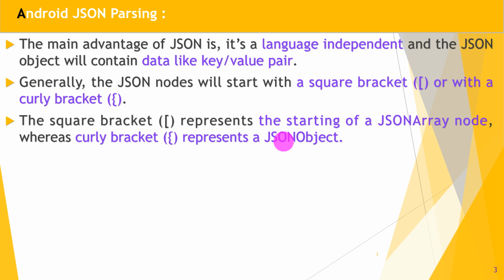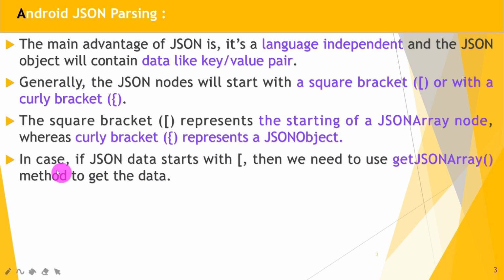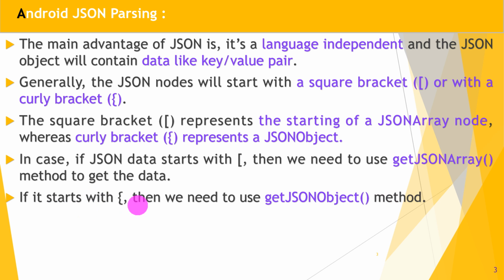Let's move on. If JSON data starts with a square bracket, that is the subscript operator, then we need to use the getJSONArray method to get the data from the server. If it starts with a curly bracket, then we need to use the getJSONObject method to retrieve the data from the database server.